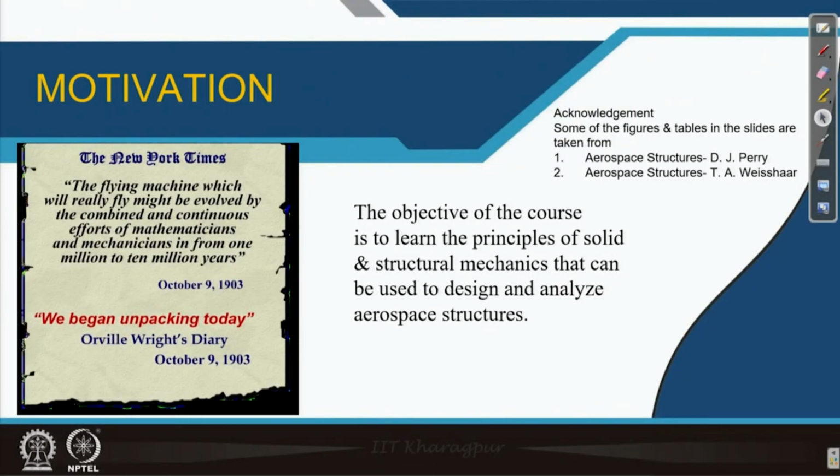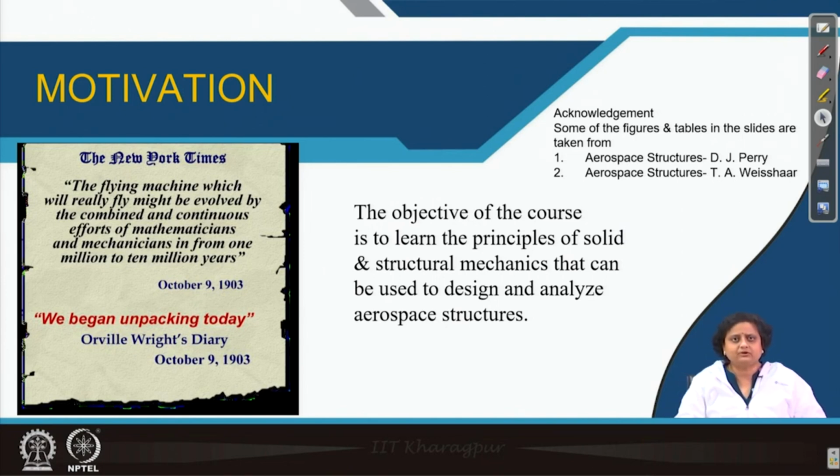I always start the course on aircraft structure or aerospace structure with this slide, with this clipping that I have. First, let us try to understand why we are studying aerospace structures as an entirely separate course on its own, and why theory of elasticity or solid mechanics is not enough to understand aircraft structure.